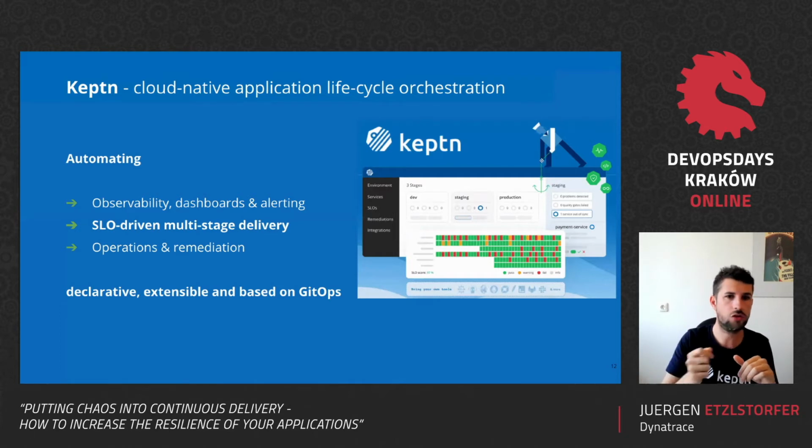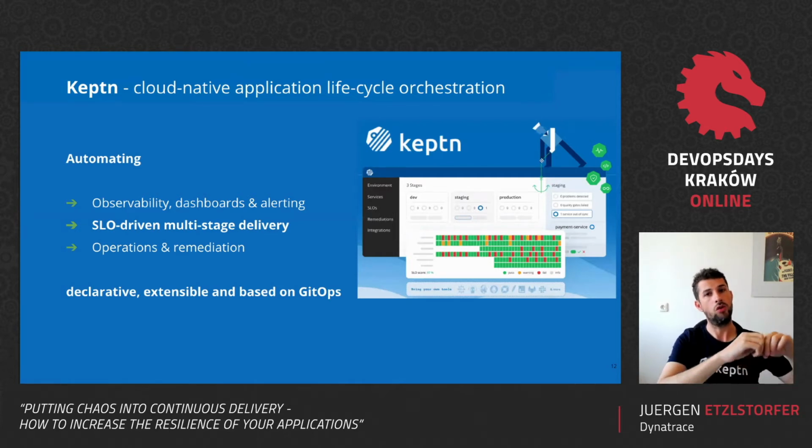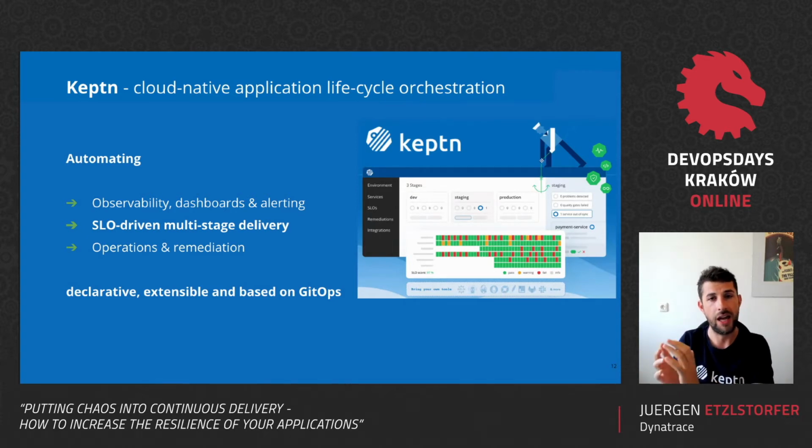So let me now talk a little bit about how we can use the concepts of chaos in CI/CD, and how you can do this, for example, with Keptn, which is an open source CNCF project. The goal of Keptn is really to orchestrate the application lifecycle of your applications and microservices.